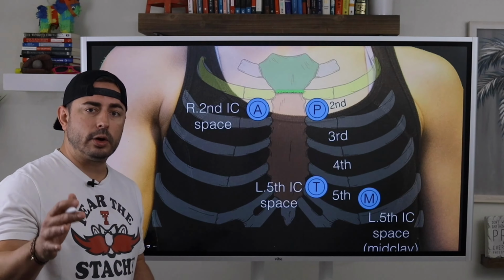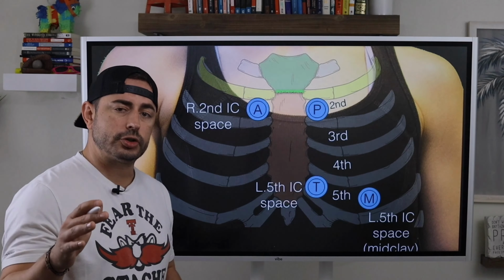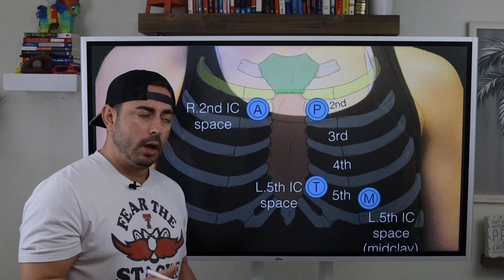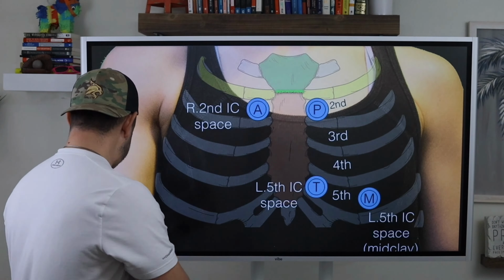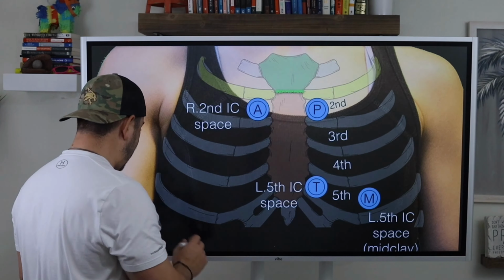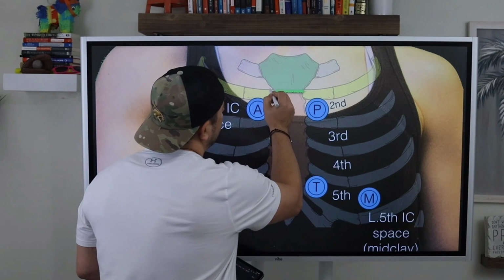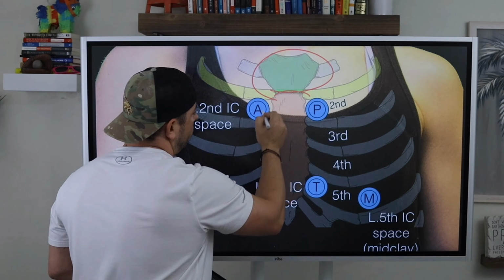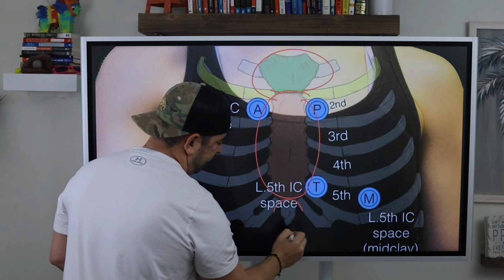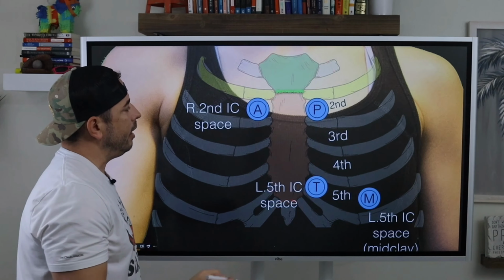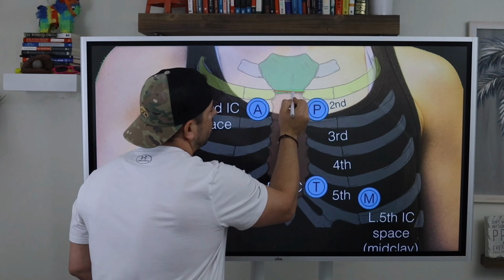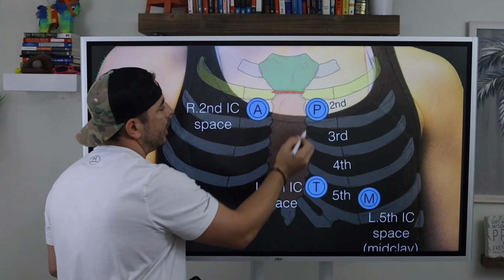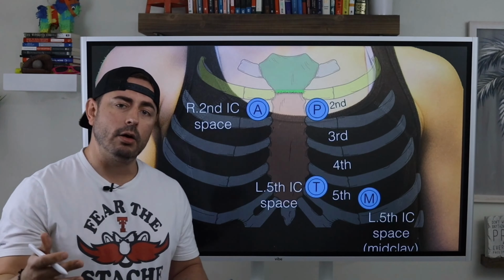So when we are looking at the anatomical structures of the sternum, we need to make sure that we are looking at the manubrium, the sternal body, and then the xiphoid process. The area where the sternal body and the manubrium come together is what we call the angle of Louis.